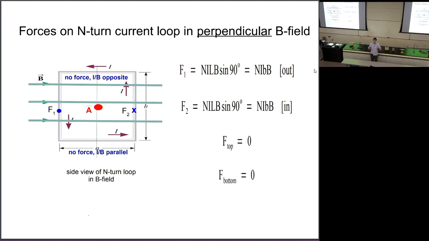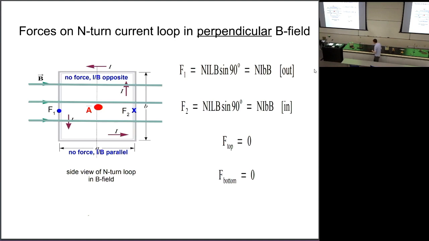Now, you could see that literally through the equation F equals ILB sine theta, because sine theta for those 2 geometries is either 0 degrees or 180 degrees, and sine of 180 is 0. Or you could just remember, if I've got a current along the field lines, there's going to be no magnetic force.